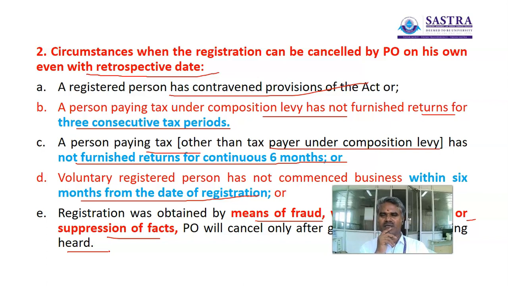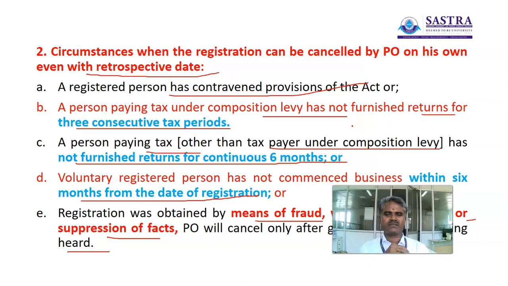Okay. Number one, the registered person has contravened provisions of the Act. The person paying tax under composition levy has not furnished returns for 3 consecutive tax periods. The person paying tax other than a taxpayer under composition levy has not furnished returns for continuous 6 months. Then a voluntarily registered person has not commenced the business within 6 months from the date of registration.